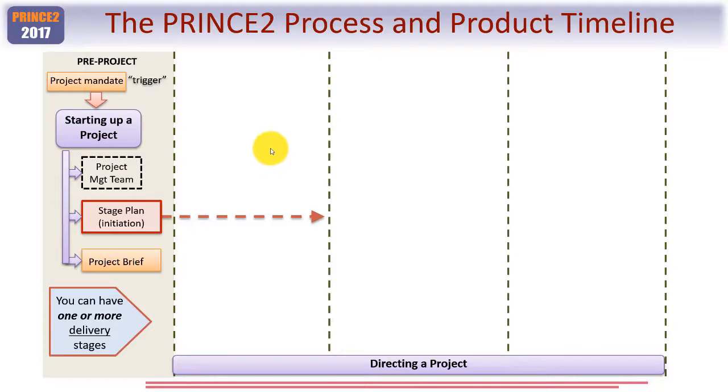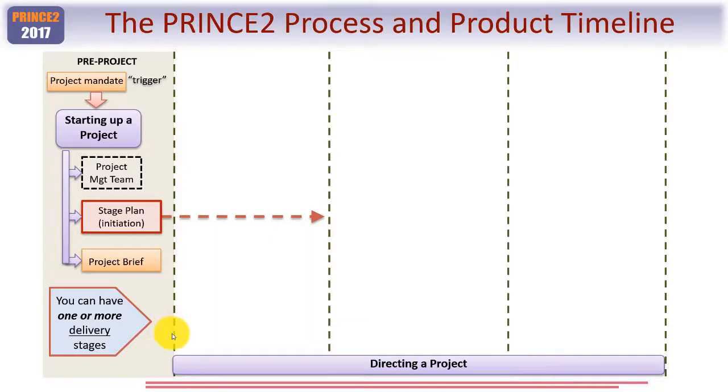So that would include the creation and assembly of the PID itself, the project initiation documentation, plus a plan for the next stage. And it's the second stage within a PRINCE2 project that is called the delivery stage. There may be more than one, and in my example, as you can see, I've made space here to show 2 delivery stages.